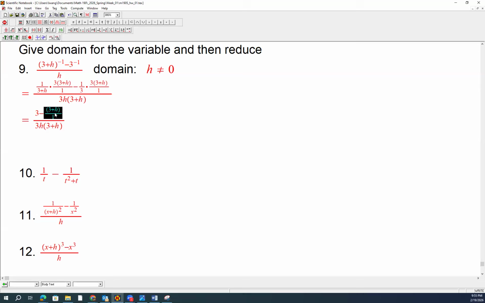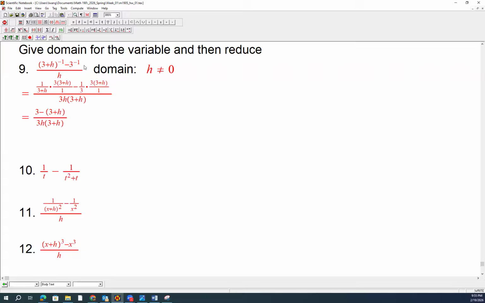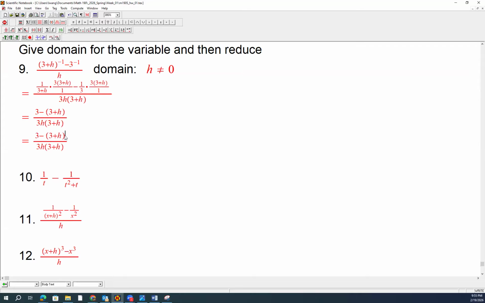We just have 3 plus h left. Reduce further, open the parentheses. That's 3 minus h.